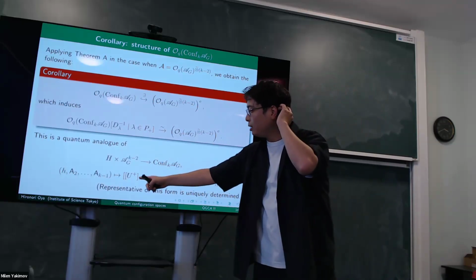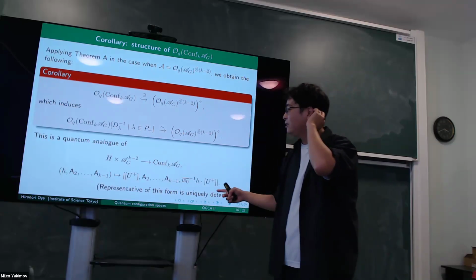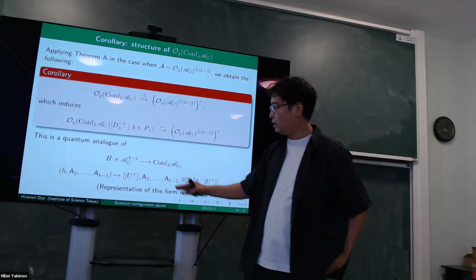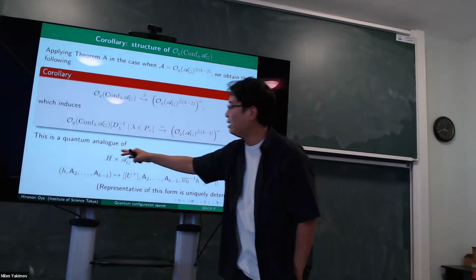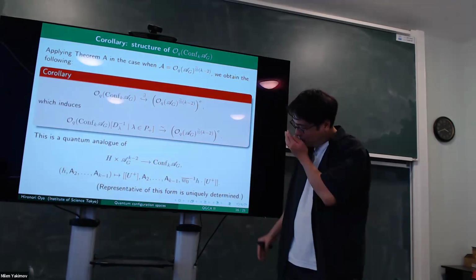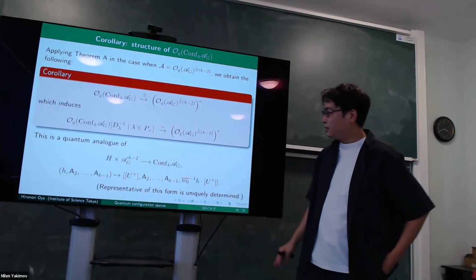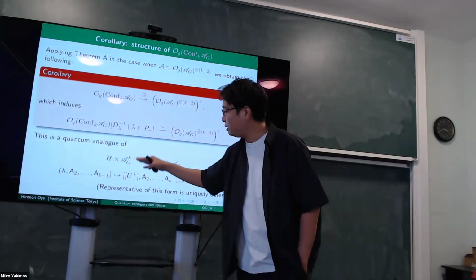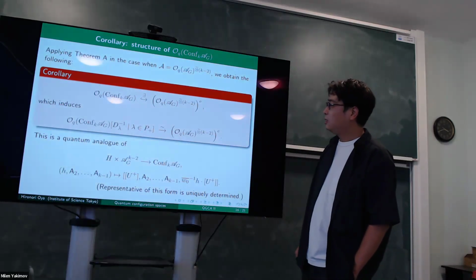If you assume that these two are generic, then we have a map from H plus AG, k minus 2 times AG, to this space, to AG.